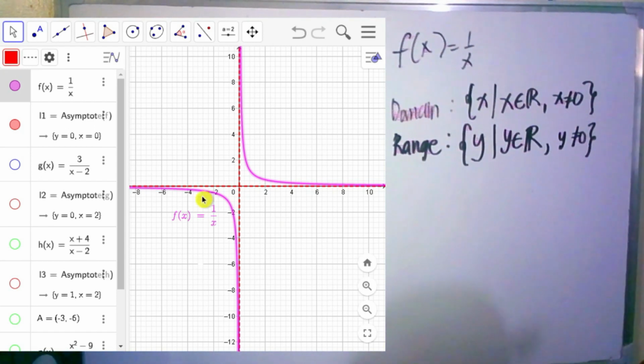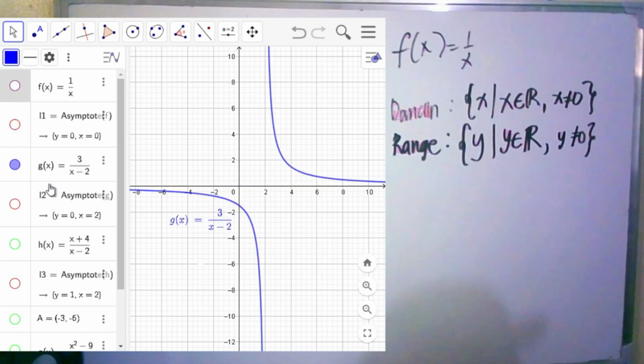Alright, so let's move on to another example of a rational function. It's 3 over x minus 2, and that's the asymptote. So you see, the vertical asymptote now is not exactly at the y-axis.